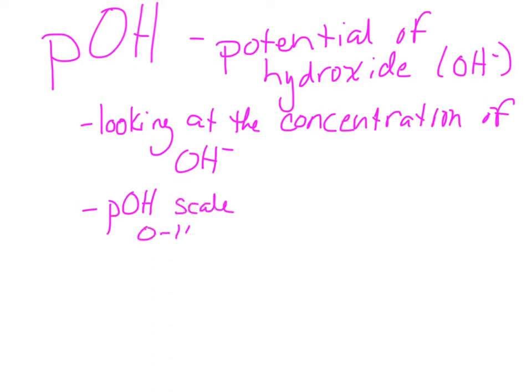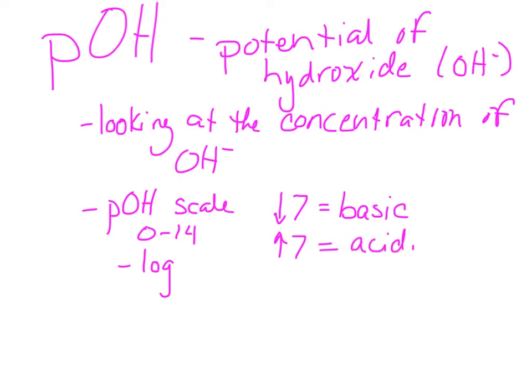Same kind of situation with the pOH scale. It's 0 to 14, kind of based off of this negative log as well, so this negative log relationship. That means that low numbers on the pOH scale are basic. High numbers, so above 7, are acidic, and 7 is still neutral.